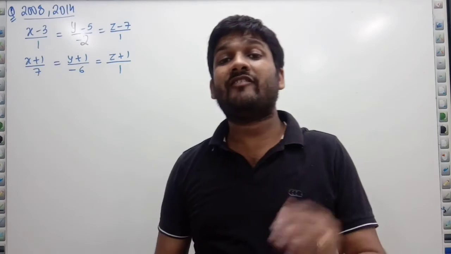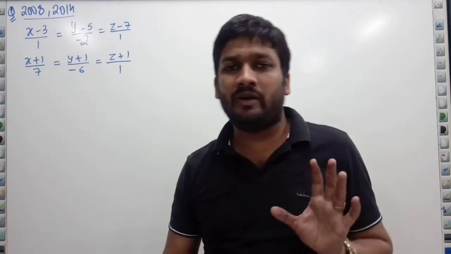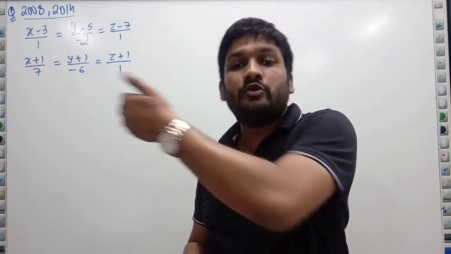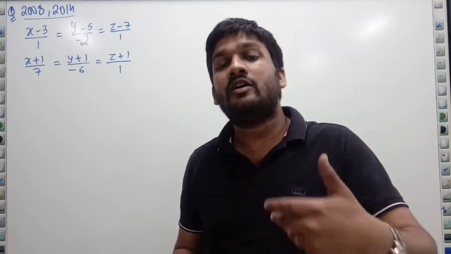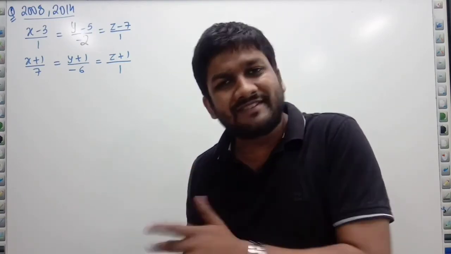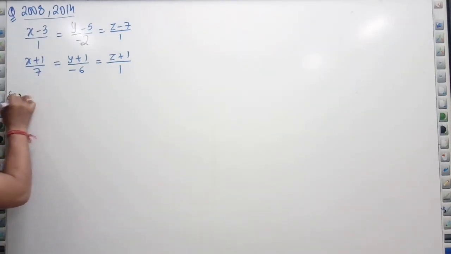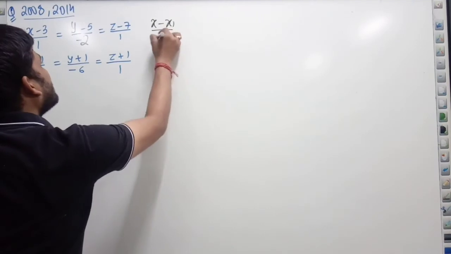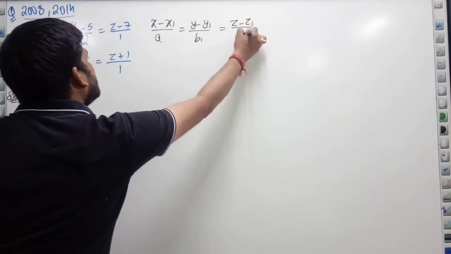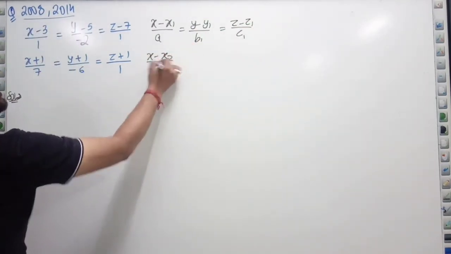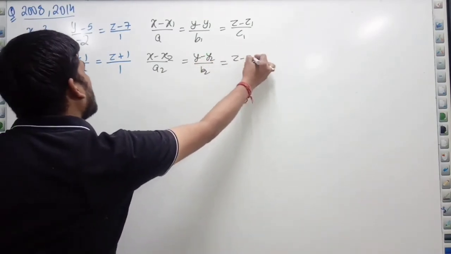Now next question we have, I have taken in Cartesian form and I will solve this question by Cartesian formula. Although we can convert it into vector form and solve it by vector formula, we want to understand what to do by Cartesian formula. First we'll compare our equation with x minus x1 upon a1, y minus y1 upon b1, and z minus z1 upon c1; likewise x minus x2 upon a2, y minus y2 upon b2, and z minus z2 upon c2.